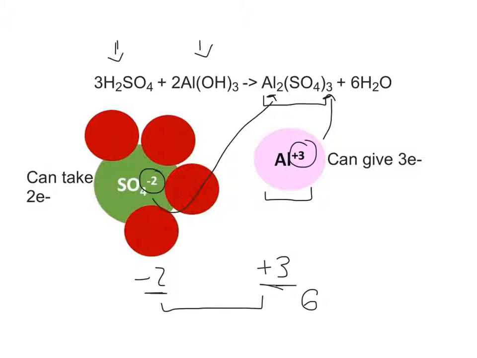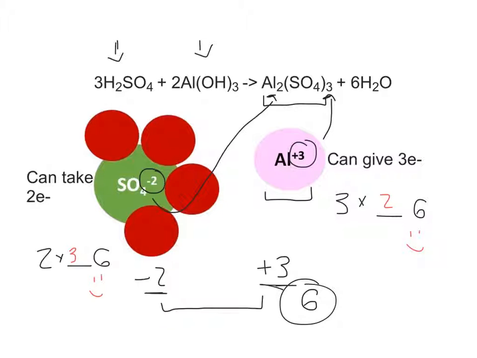And the reason why is due to our lowest common multiple. 3 times what number will give you 6? 2 times what number will give you 6? Well, if you said the answer is 3 times 2 gives you 6, and 2 times 3 gives you 6, then you would be right on both accounts.